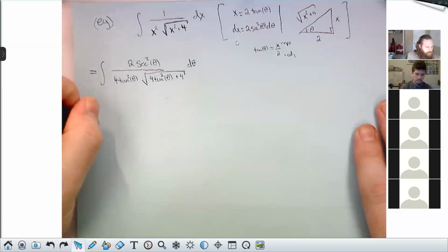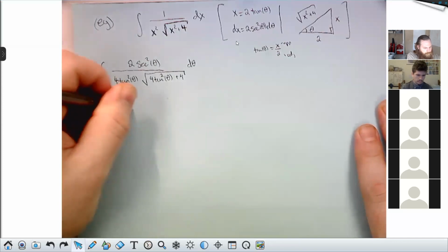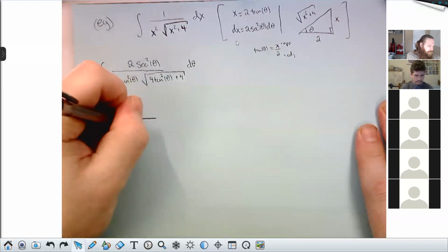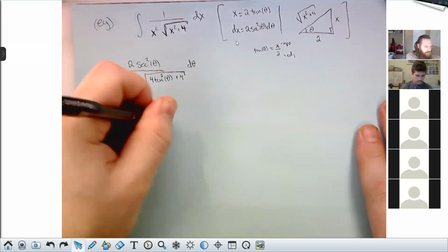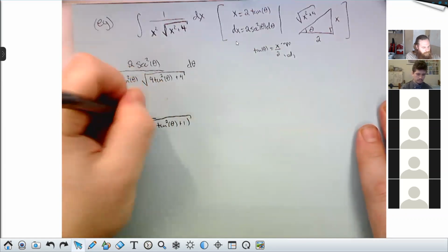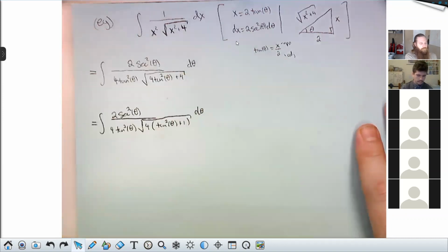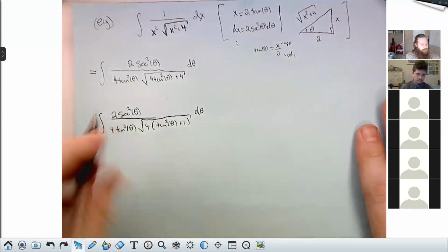Now from here, I'll have the integral of 2 secant squared theta over 4 tan squared theta times the radical of 4 times parentheses tan squared theta plus 1. That's all under my radical, and then I've got a d theta here. And now this tan squared plus 1, that is secant squared.